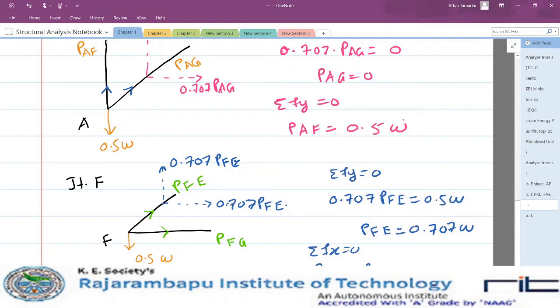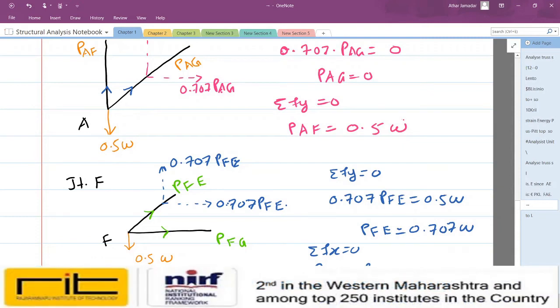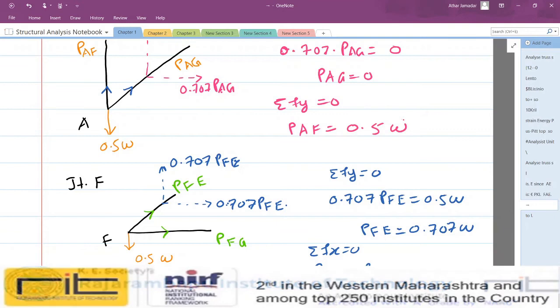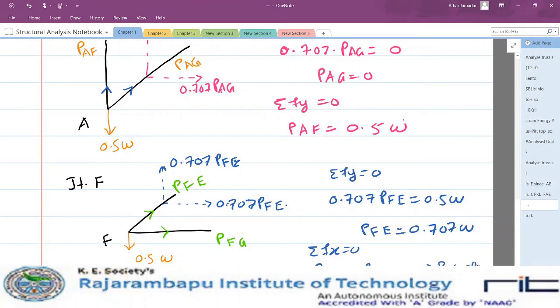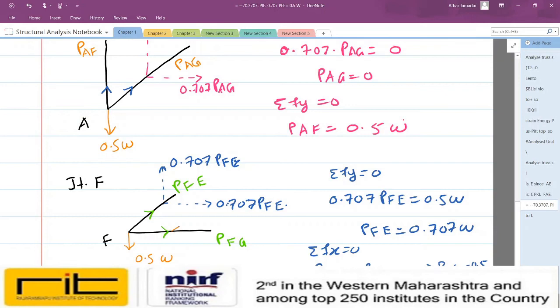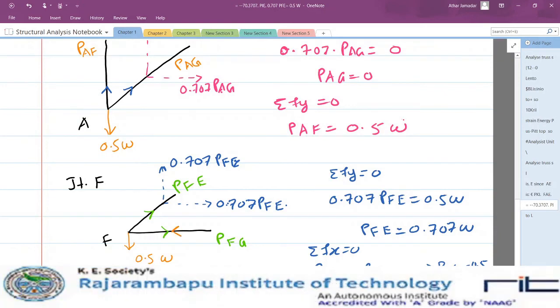If you take it to right hand side, PFE is 0.707 times W. So 0.707 into 0.707 will be 0.5. PFG is negative 0.5, so we have to reverse the direction. It will give us PFG is equal to minus 0.5 times W. Minus means PFG should be reversed.